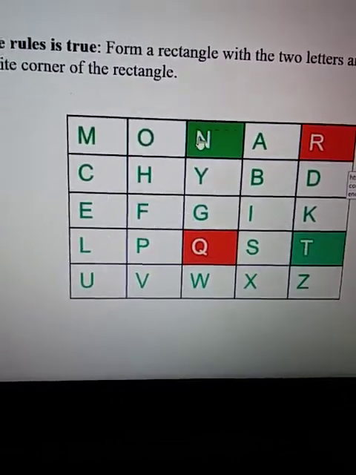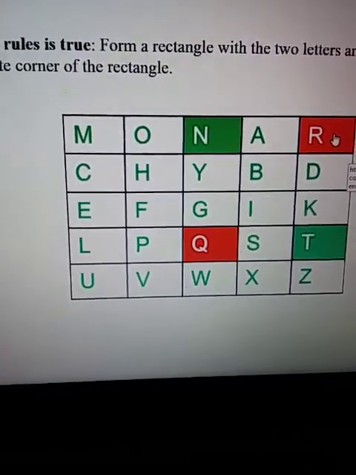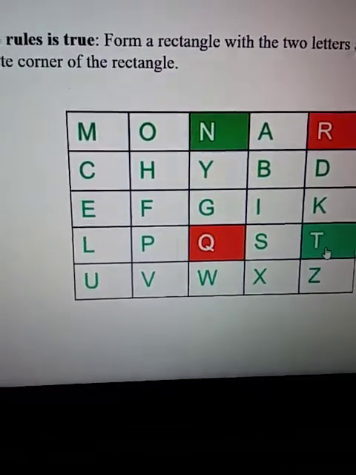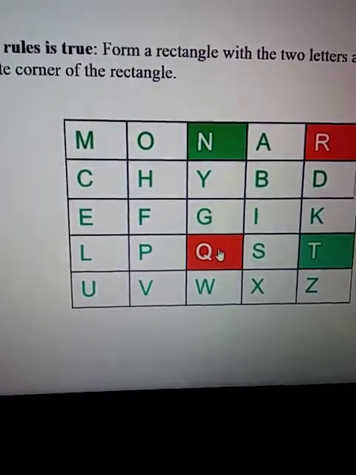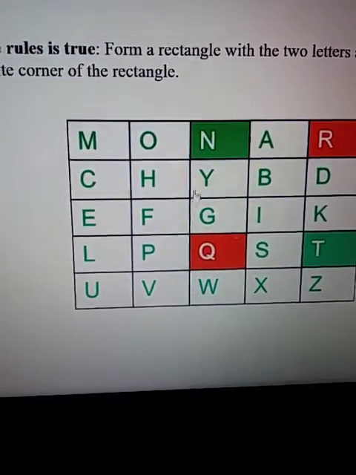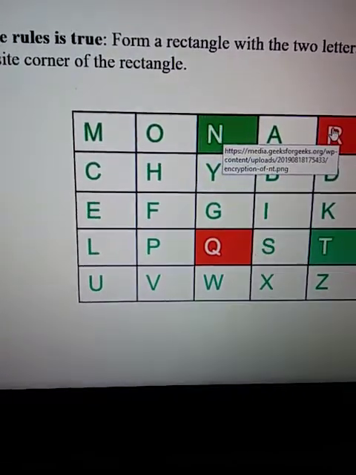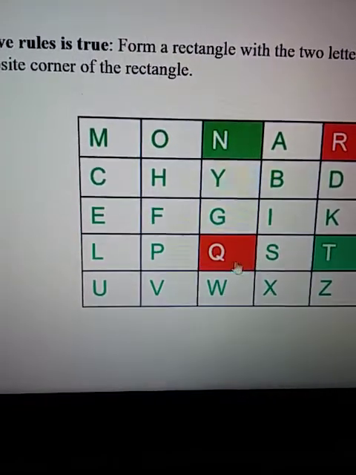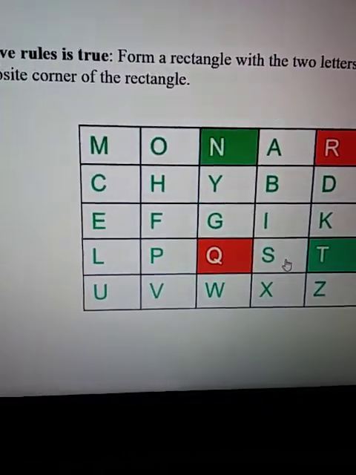In such a case, this n is to be replaced with the corner letter, and this T, another plain text letter, should be replaced by its corner. We form a square here, and in this square, the corner letters should be replaced. Instead of n we substitute r, instead of T we substitute q. These are the three rules to be applied to convert the plain text into the ciphertext.